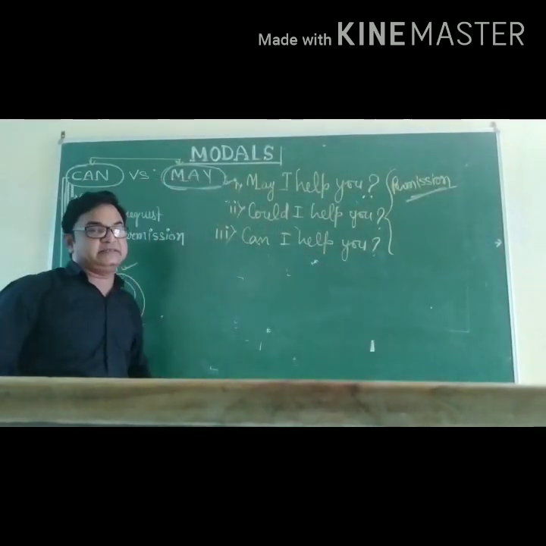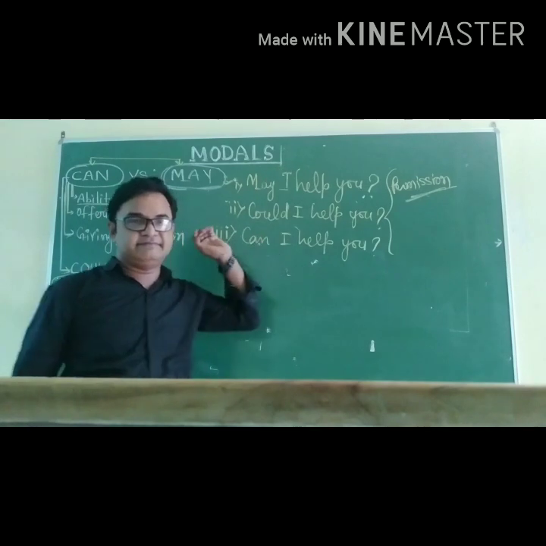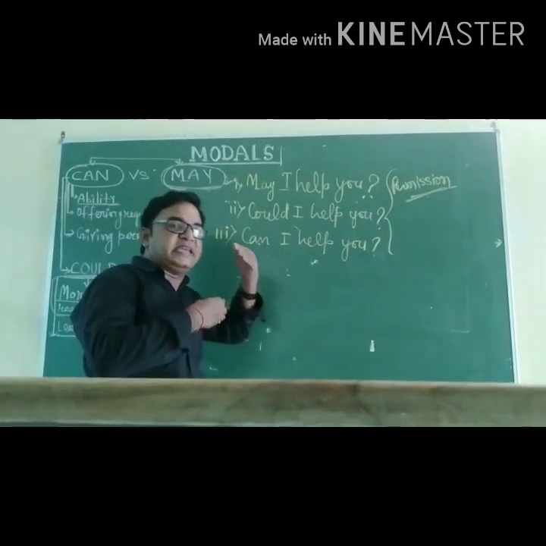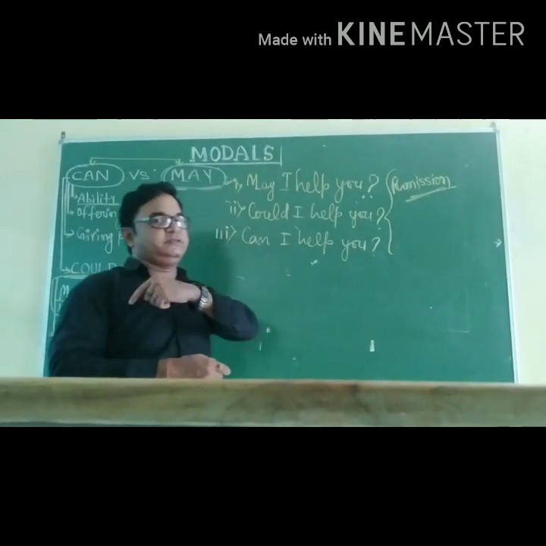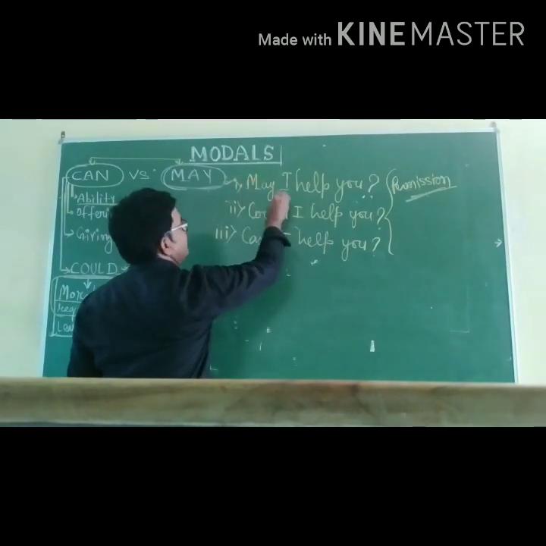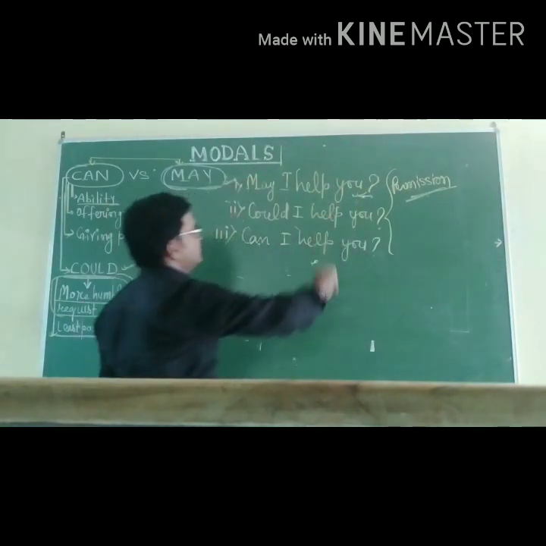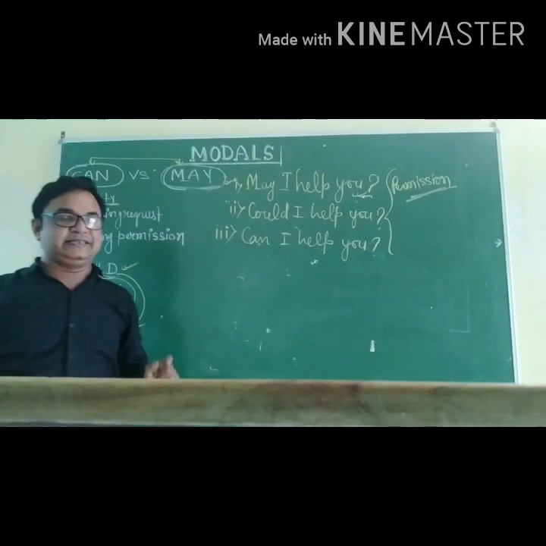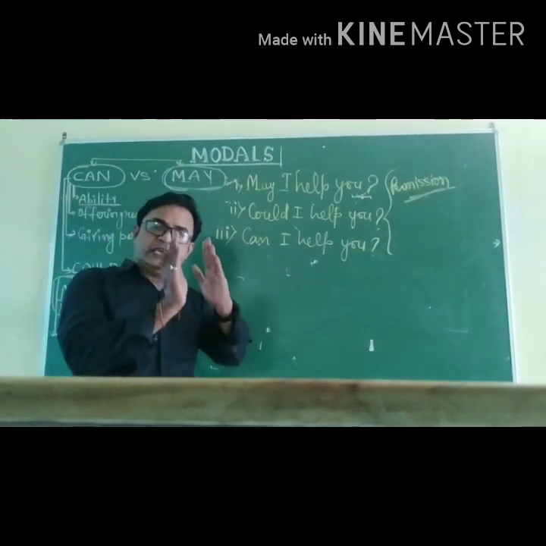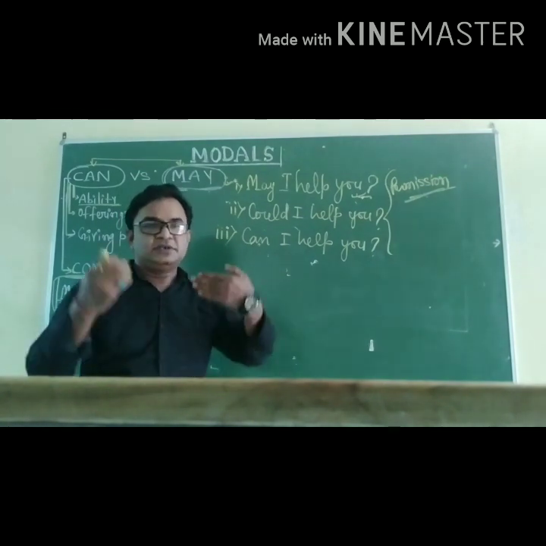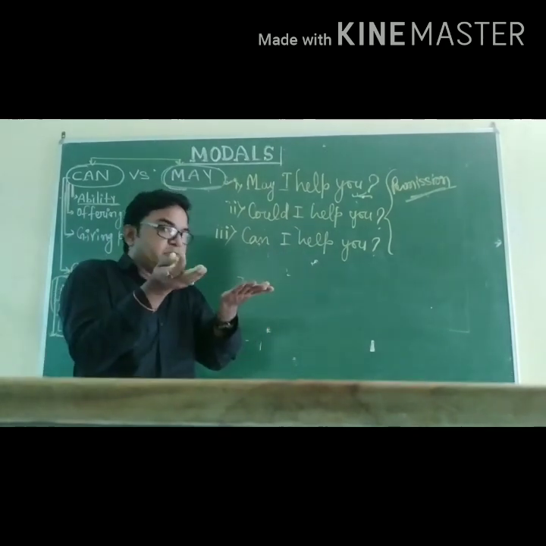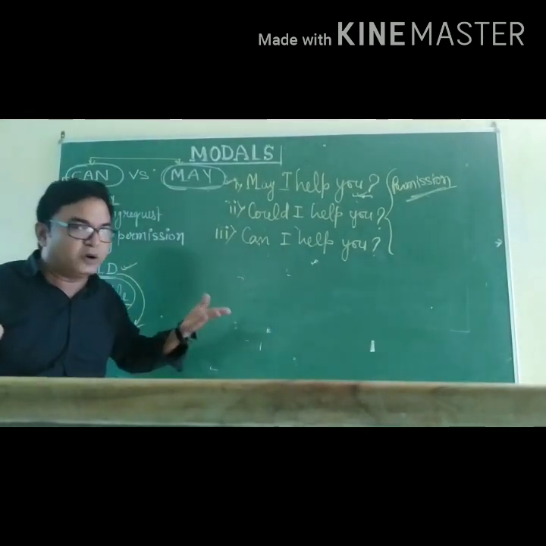Here you are finding the same sentence, but due to the use of different modals, its meaning changes. How? See, may I help you? This is a formal request. If the person you are speaking to does not want your help, he or she will say, no, I don't. Or if he or she wants your help, then he will say, yes, sure.